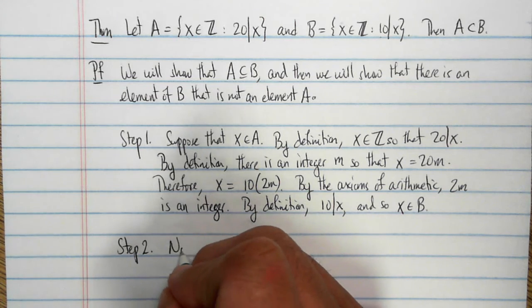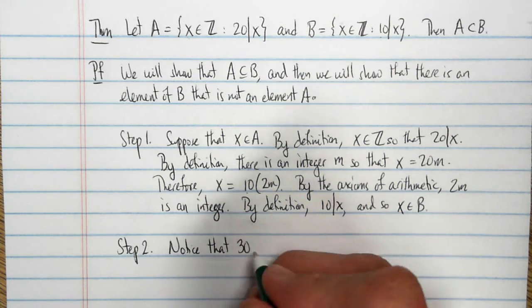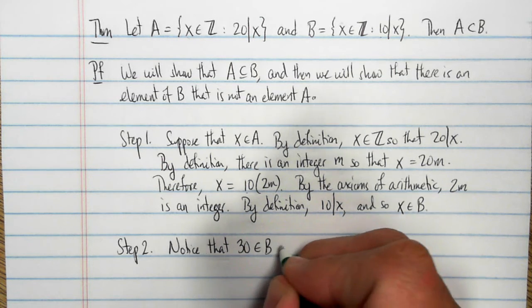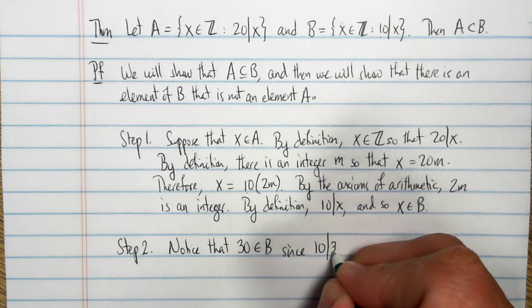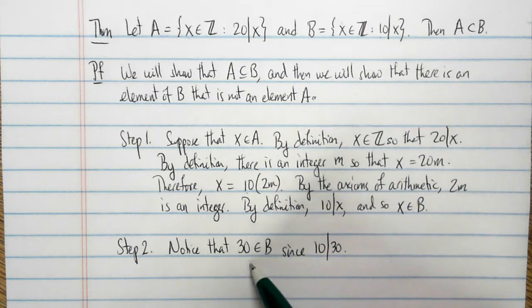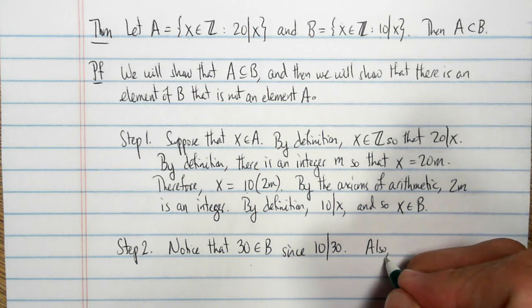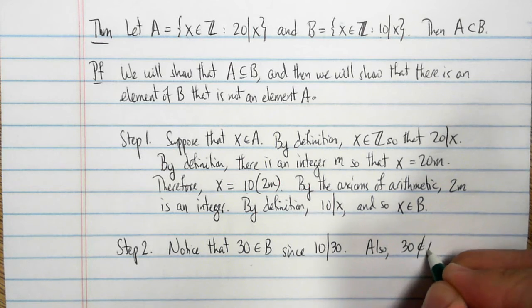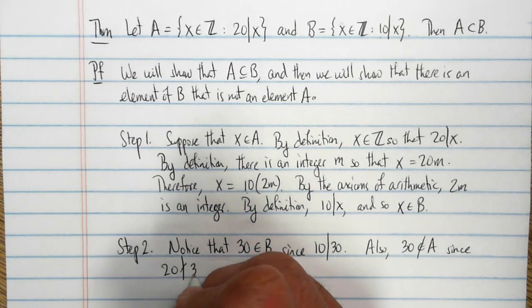Okay, notice that 30 is in B, since 10 divides 30. So 30 is an integer, 10 divides 30, and so therefore 30 is an element of B. Also, 30 is not in A, since 20 is not a factor of 30.